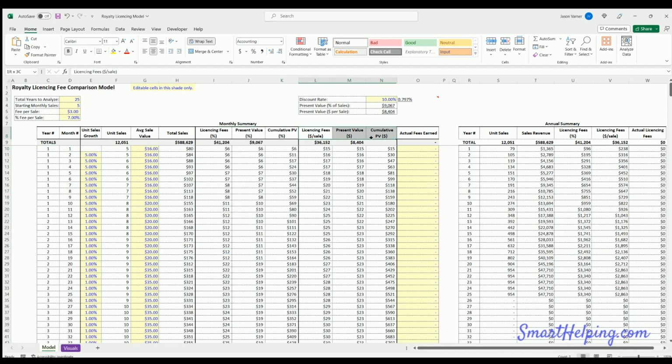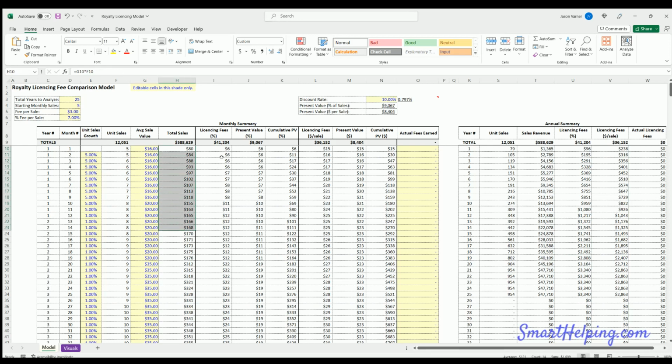This is showing what you would earn if it was a fixed dollar per sale. So for this fixed dollar per sale, all that matters is the unit sales count and this input.